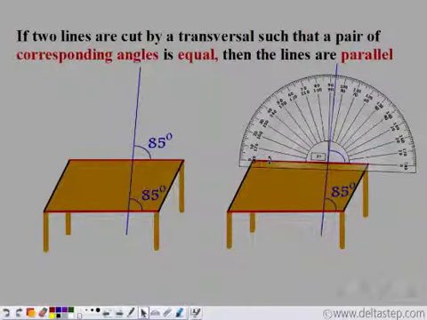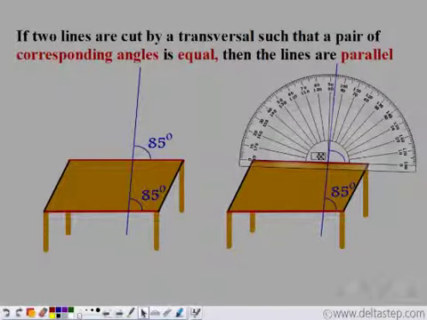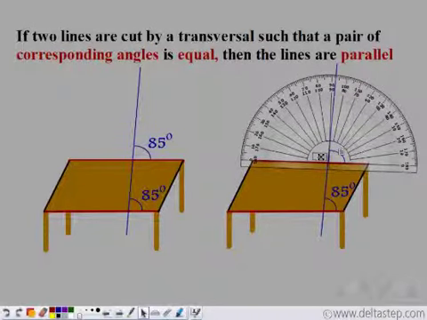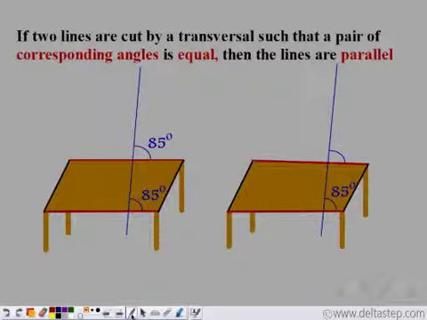Let's make it straight. We see that this angle is 85, 86, 87 degrees. It coincides with the 87 degree mark on the protractor. So we can say that this angle is 87 degrees.